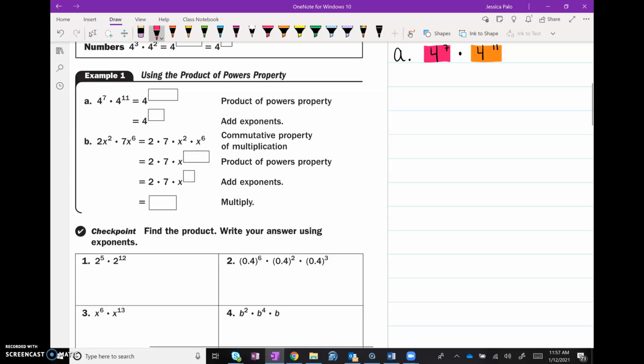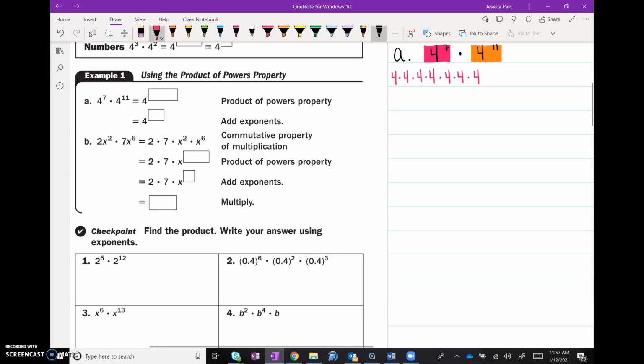So if 4 to the 7th power is the condensed form of repeated multiplication, that means in expanded form it would look like this. 4 times 4 times 4 times 4 times 4 times 4 times 4. That's 4 to the 7th power in expanded form.